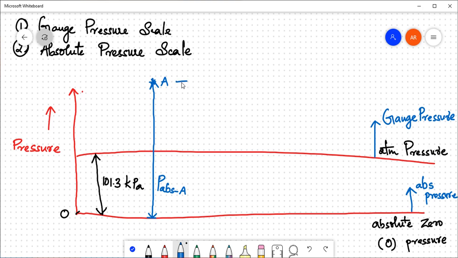Similarly, the pressure at point A can be measured with respect to the atmospheric pressure scale also.